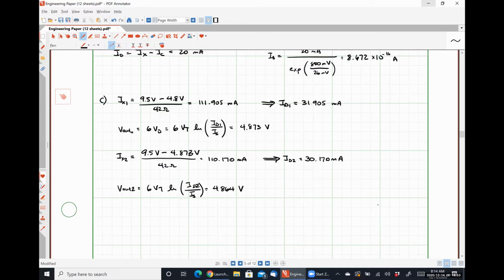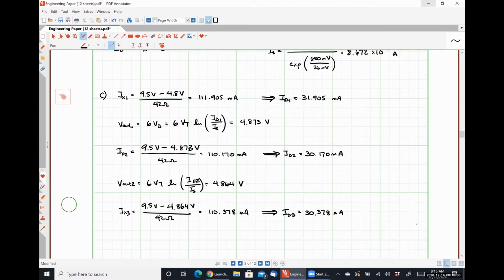So for our third guess, nine and a half volts minus 4.864 volts divided by 42 ohms is equal to 110.378 milliamps, giving us a diode current of 30.378 milliamps.